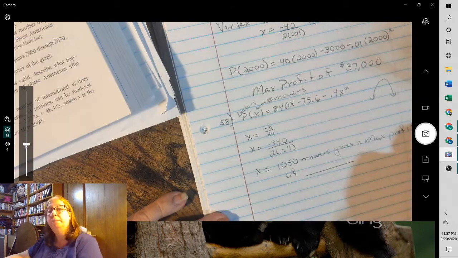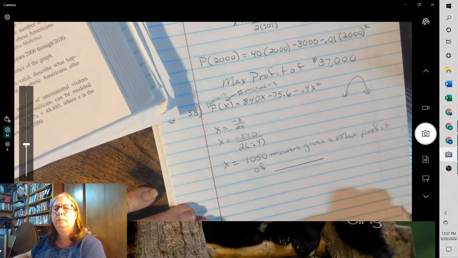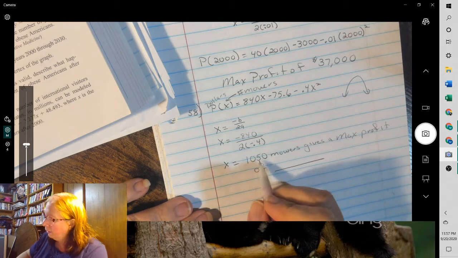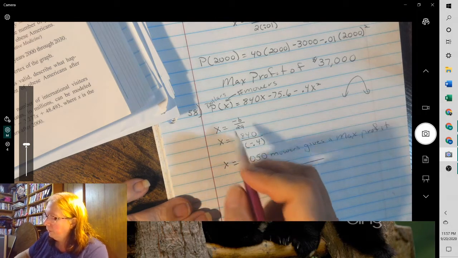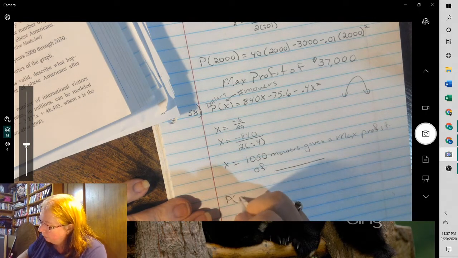We need to find the maximum profit. To find it, we take the 1,050 and plug it in for P of x.